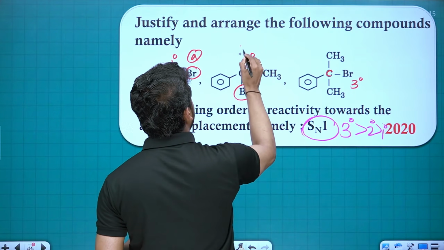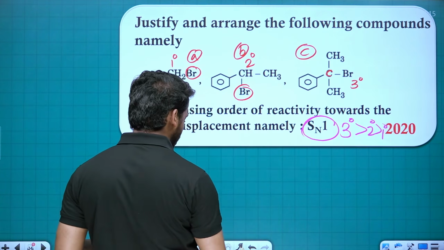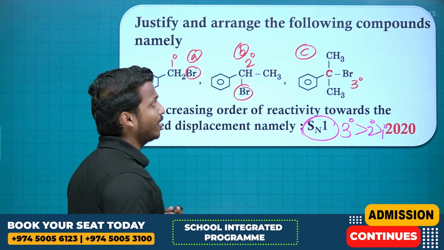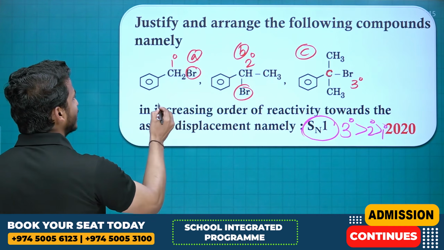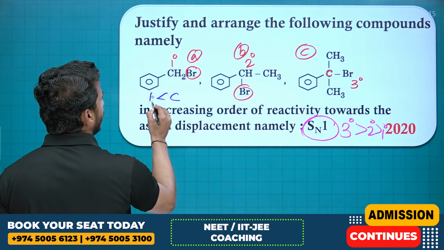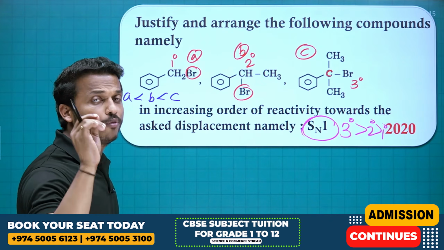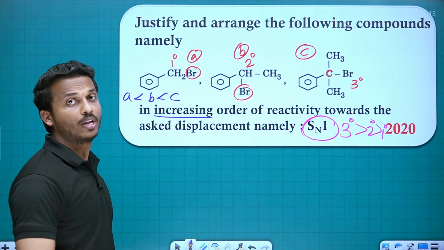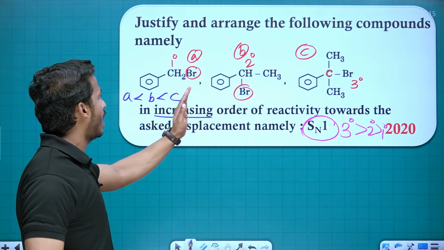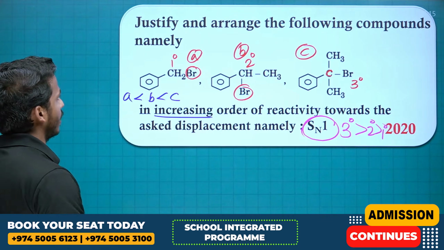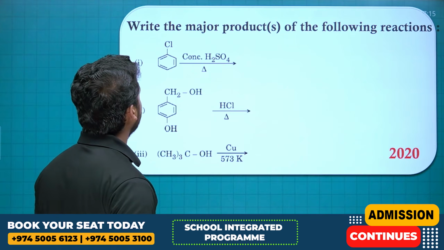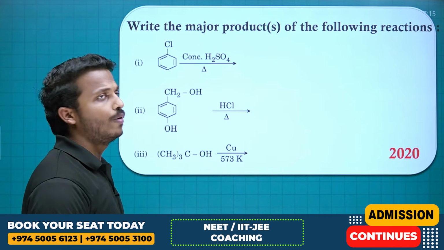Marking as A, B and C, which one is more reactive toward SN1 reaction? Yes, C is more reactive, then B, then A. Be very careful whether they are asking increasing or decreasing order. Increasing means higher on the right and lesser on the left, correct? Next one: write the major product of the following reaction.